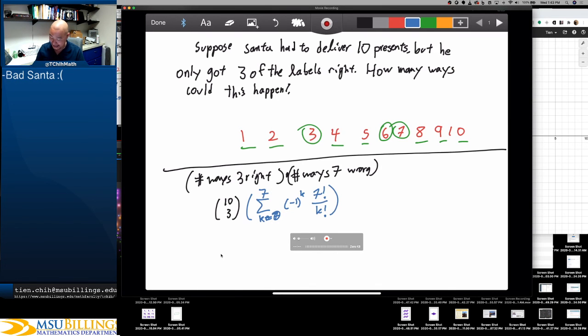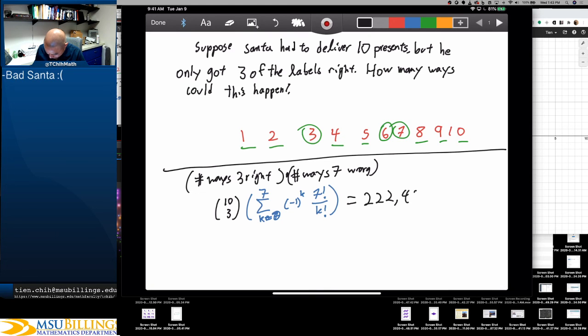And so that will then be the total number of ways that Santa could have done this particular screw up, getting exactly 3 of the labels right and getting the other 7 wrong.